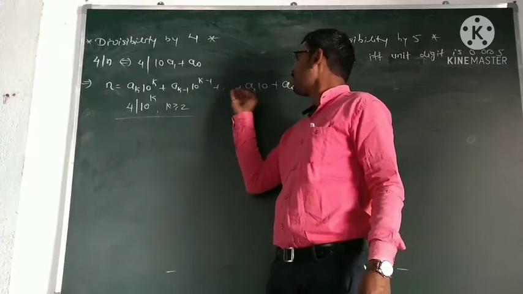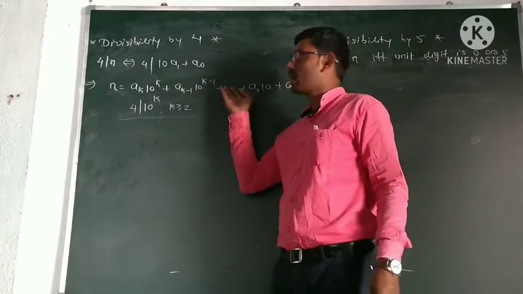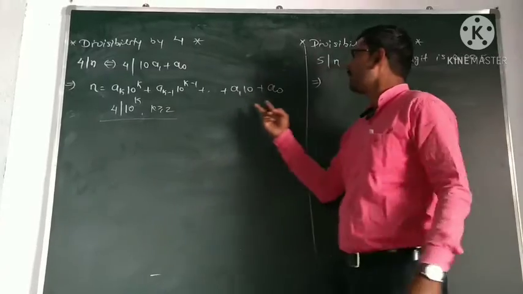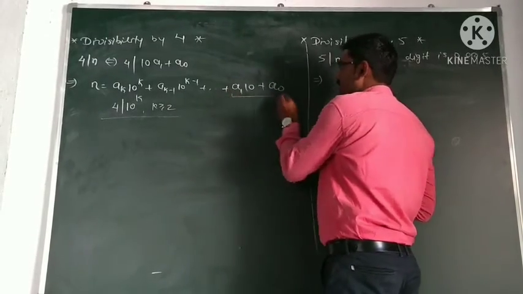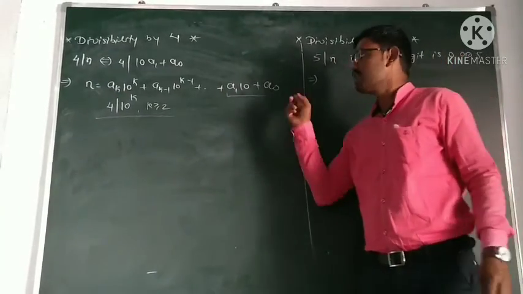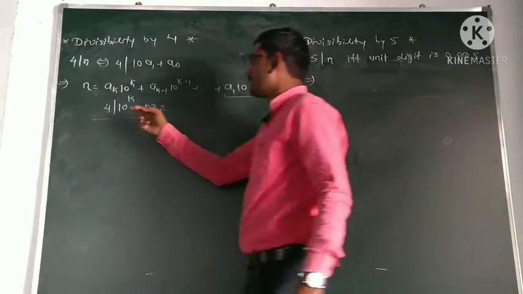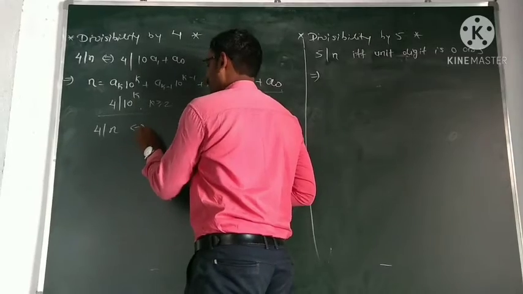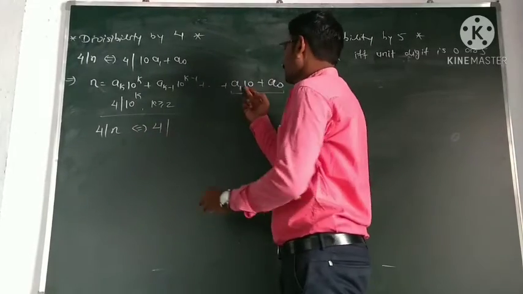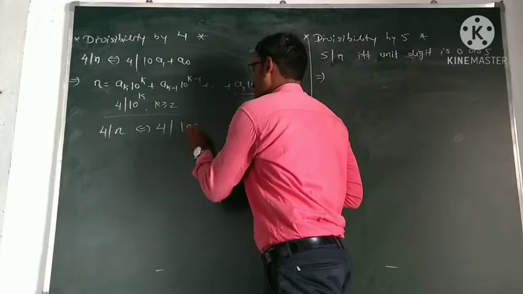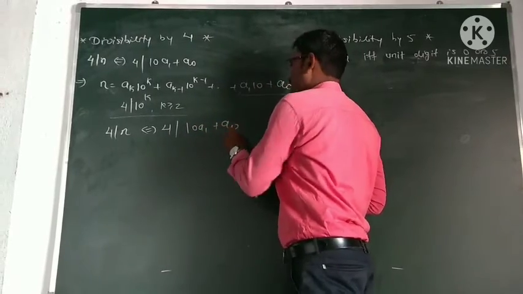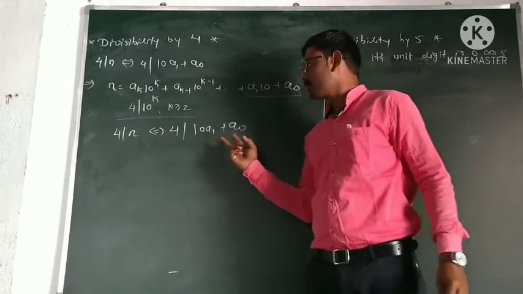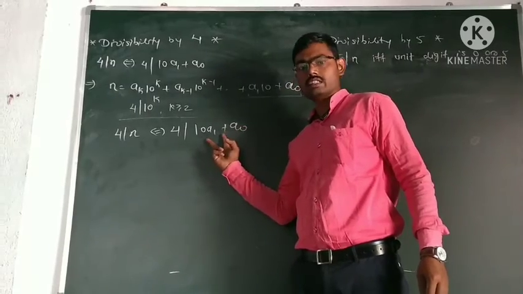Then all terms from a2 10 raised to power 2 onward are divisible by 4. The only problem is these last two terms in the summation. So this implies 4 divides m if and only if 4 divides 10 times a1 plus a0, that is the number formed by the last two digits.